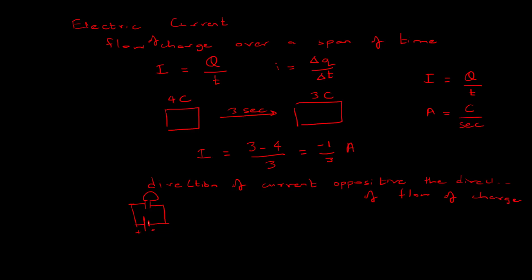So electrons flow from negative to positive, attracted to the positive terminal, but the current is assumed to be flowing from positive to negative. So it's exactly opposite to the direction of the flow of charges. The direction of the current is opposite to the direction of the flow of charge, which is why we got a negative sign over here. This is just a rough idea. We're going to elaborate on this in greater depth in the next few videos.